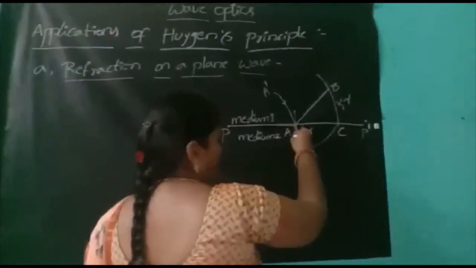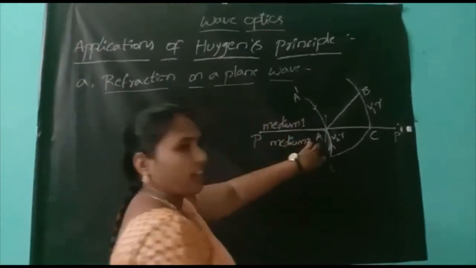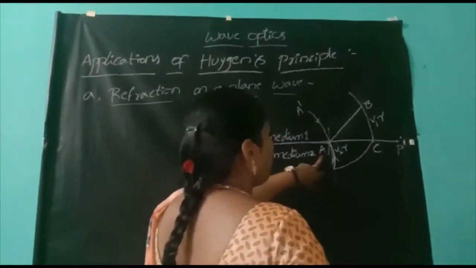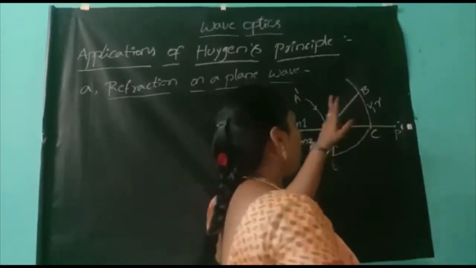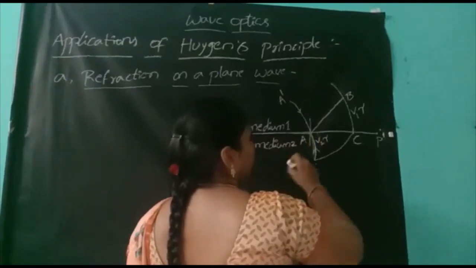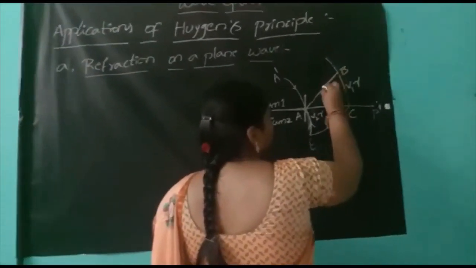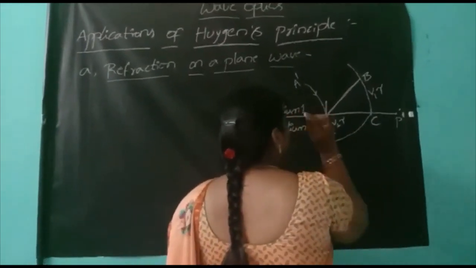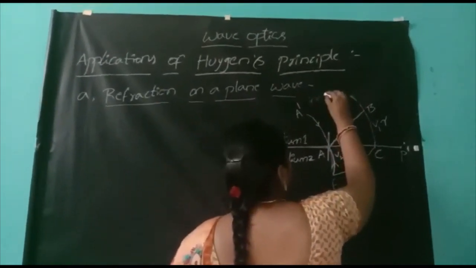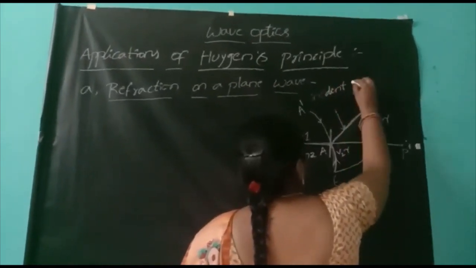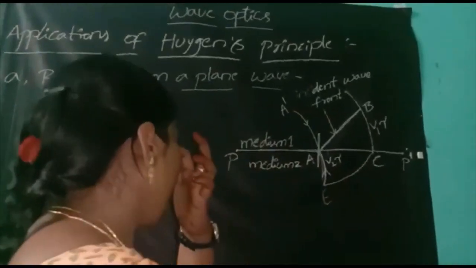A light started at a point A dash and is incident on a point on the surface P dash, where it is partially reflected in the same medium. This is called the incident wavefront.